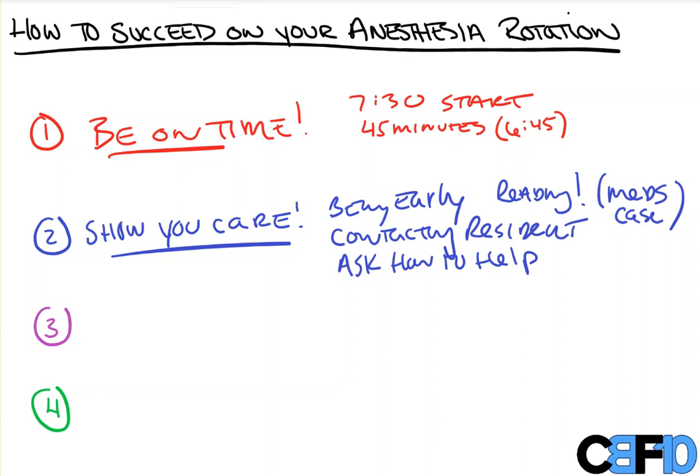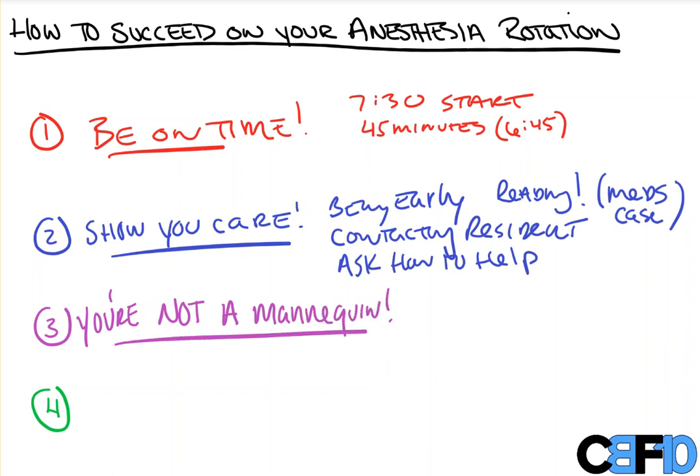This brings me to my next point, and this is one of my most important. You're not a mannequin. Your job is not just to stand there. Believe it or not, many of us who went into anesthesia did so because we like doing stuff. This means placing IVs, intubating, doing A-lines, bronching.